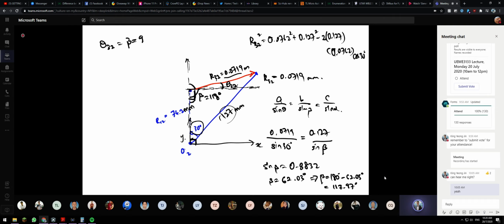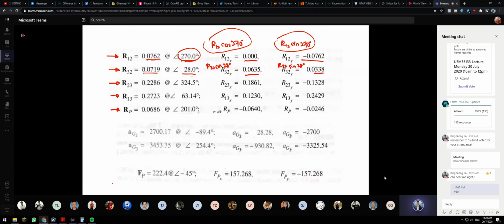That's why we take the beta minus 90. So 118 minus 90, so we get 28, which is what we have in the book there, right? 28. So this is how we get all the numbers.